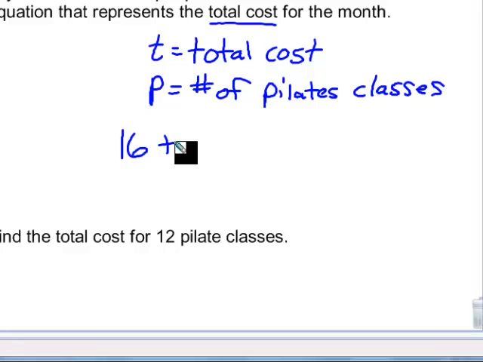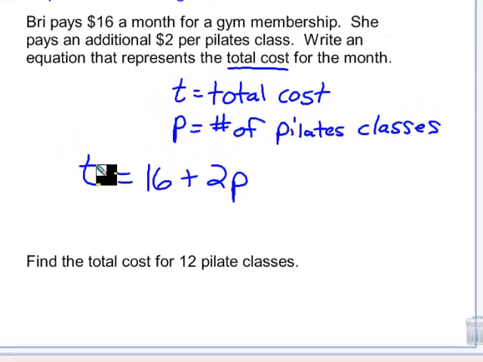Well, if she took one class, it would be $2 additional, right? If she took two classes, it would be $4. If she took three classes, it would be additional $6. And what are we doing there? We're just taking the $2 and multiplying it by the number of Pilates classes. And that should give us our T, our total for the month.